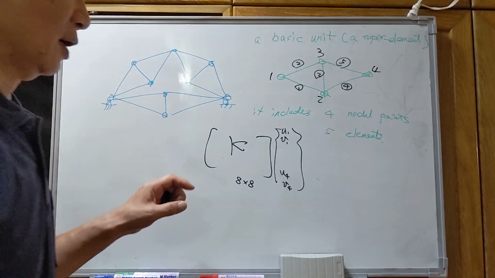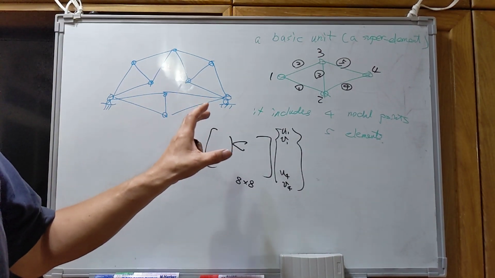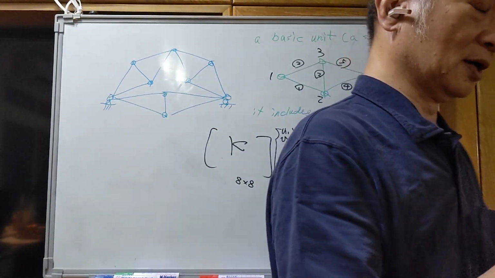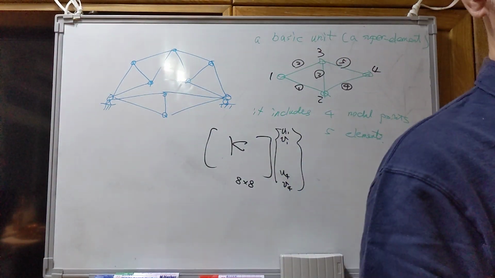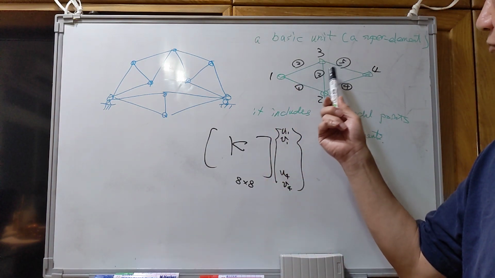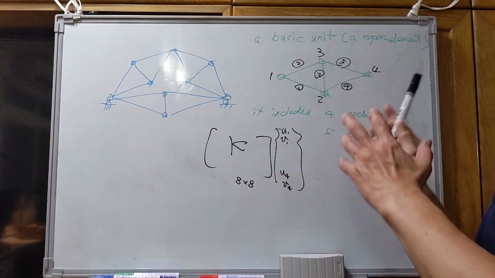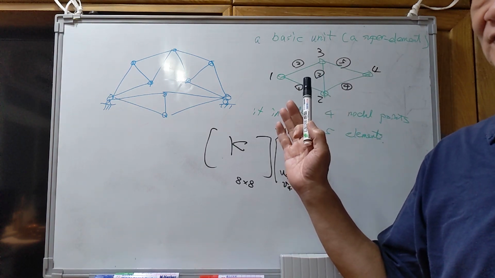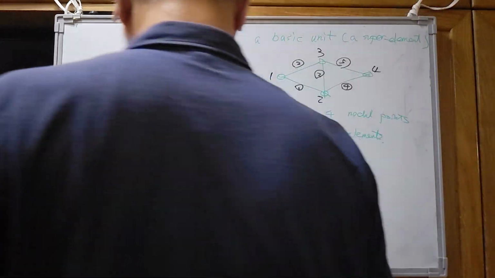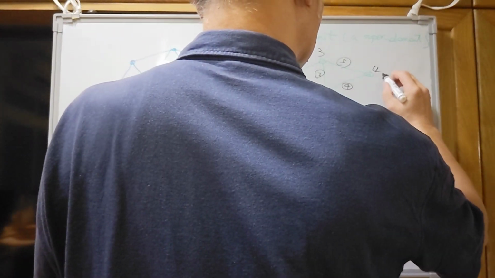And the 8x8 matrix is assembled from the five element stiffness matrices for these five elements. So we need to calculate the five elements.